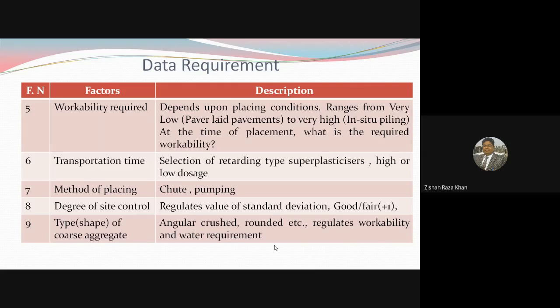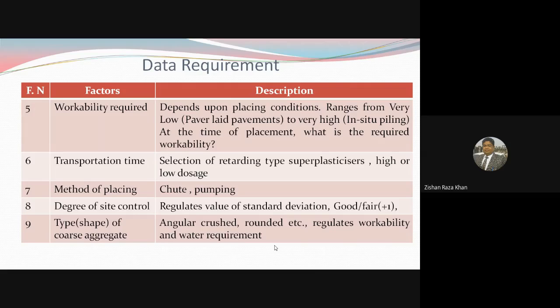If the quality control situations at the work site are as per standard, it may be considered good, and you can take the recommended standard deviation given in the code. But if it is somewhat less, it will be considered a fair condition, and you need to increase the standard deviation by 1 in the recommended table.